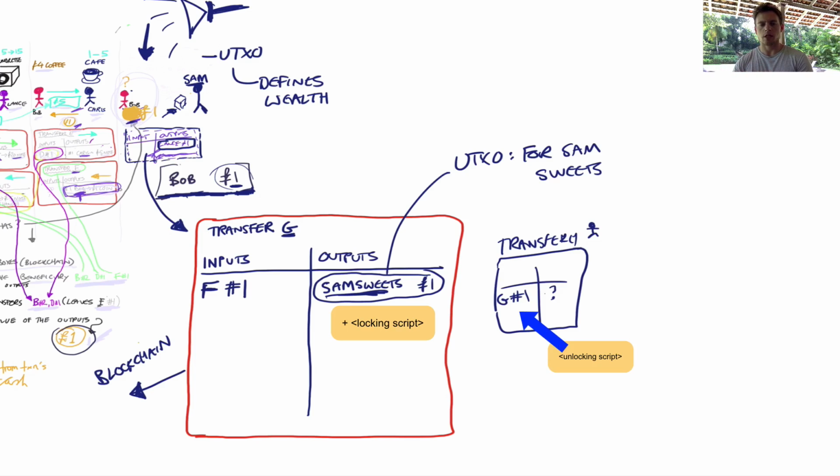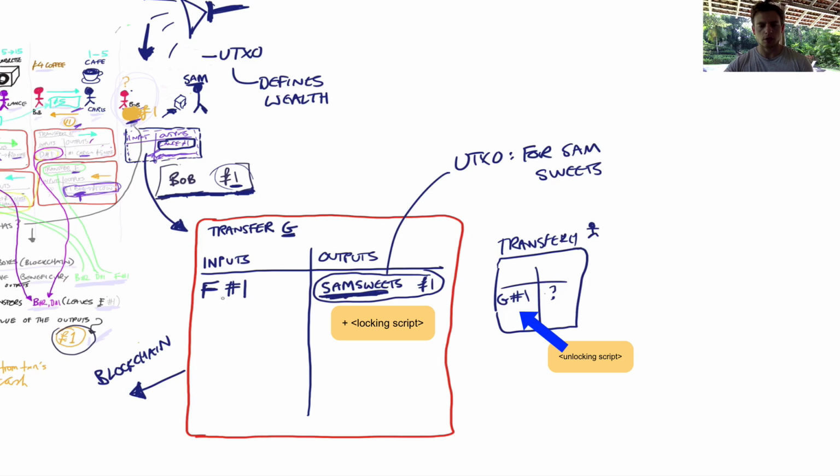The outputs in a transaction are locked, and they can be unlocked by certain specific users or certain specific criteria, right? Often it's a user. So in a typical Bitcoin transaction, for example, you'll see the Bitcoin address listed here, which means that only the owner of that Bitcoin address can unlock that UTXO, right? But the point is the outputs of one transaction are locked.